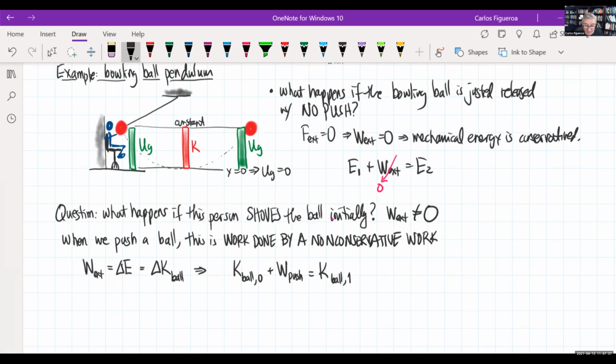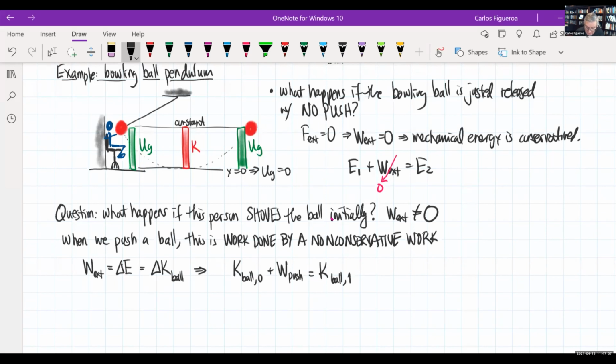Note, it's very common for people to say, oh, you added kinetic energy. No, you did not add kinetic energy. You did work, and that work changed into kinetic energy.